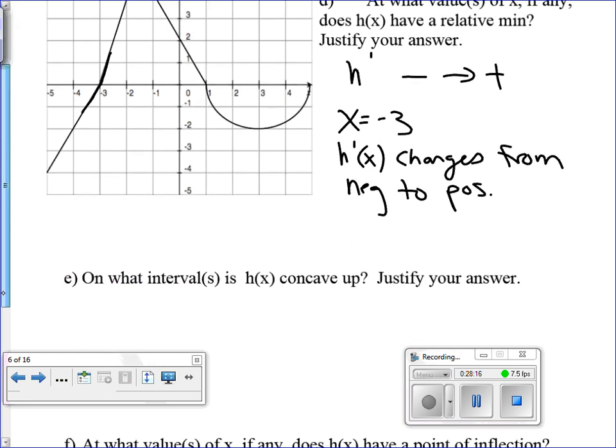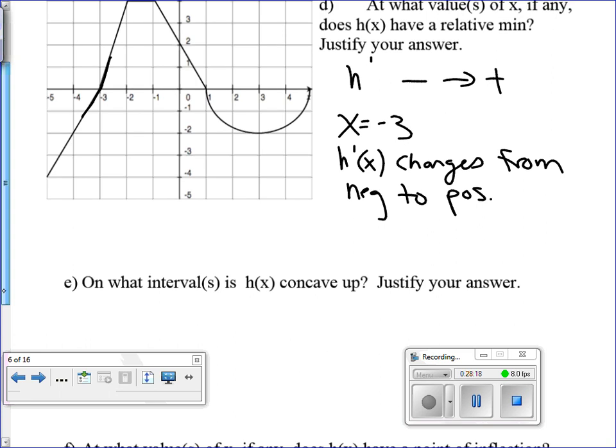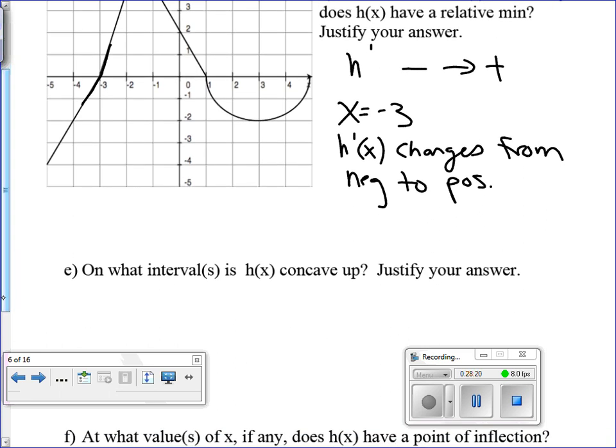Okay, next part. On what intervals is h concave up? Well, we know h is concave up when the second derivative is positive. And that, again, you got to relate it back to the first derivative. So that means we got to look to see where the first derivative is increasing. You can just write h prime is increasing.